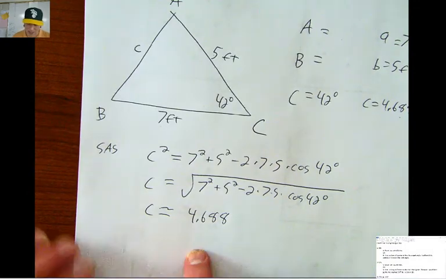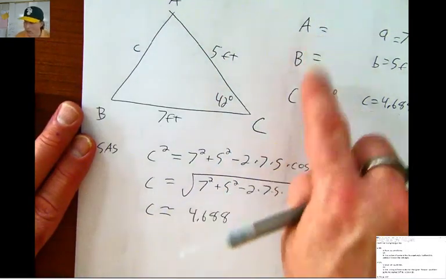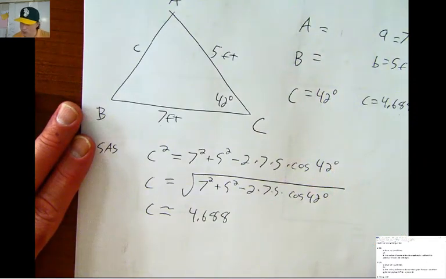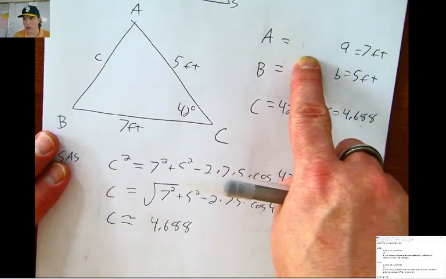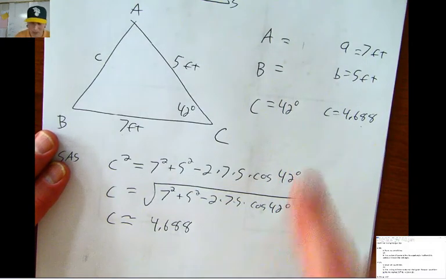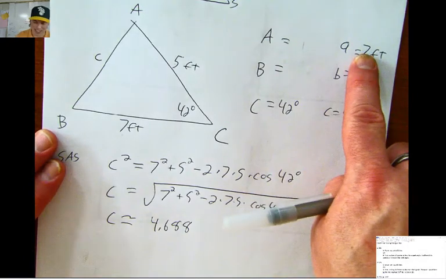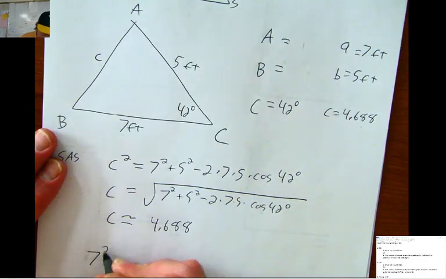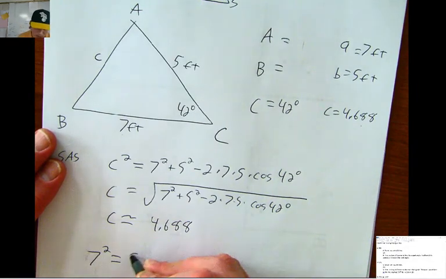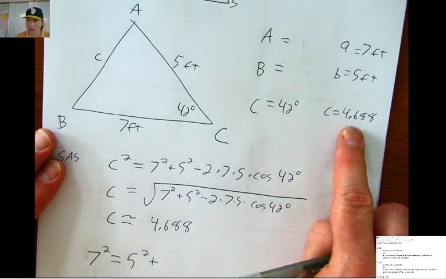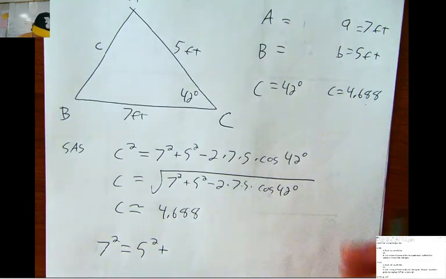Because I'm looking for angle B or angle A, you could pick either one. Which one do I want to pick? I guess I'll go hunting for angle A because A comes before B. So if I'm looking for this angle, I'm going to use this side. So 7 squared equals the other two sides squared, so 5 squared plus, now this is a decimal approximation, and I need to use the exact.